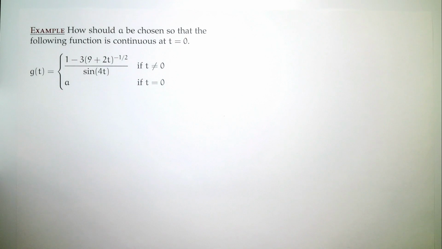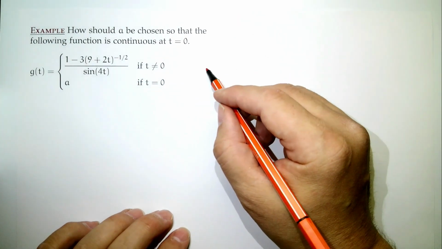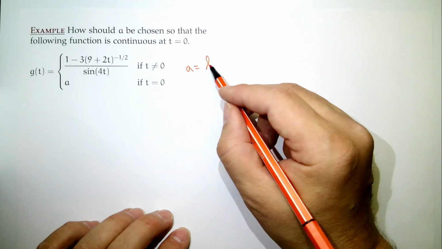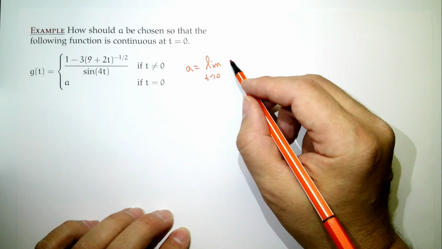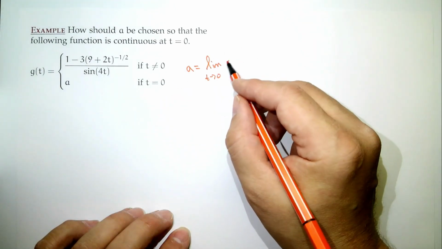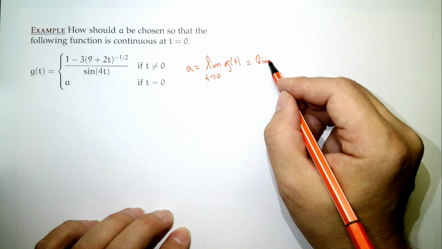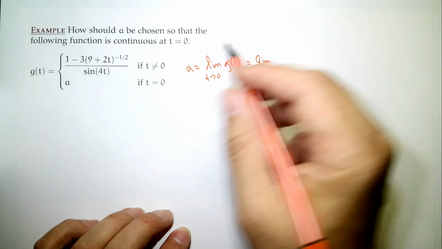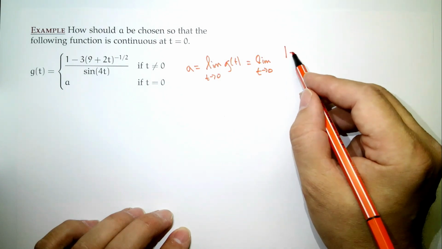All right. So here we go. To figure out what a should be, the answer is a should be whatever the limit is as t goes to 0 of our expression g of t. Well, of course, what does that mean? So we say this is the limit as t goes to 0. I can plug in this expression here, and we're going to clean it up.